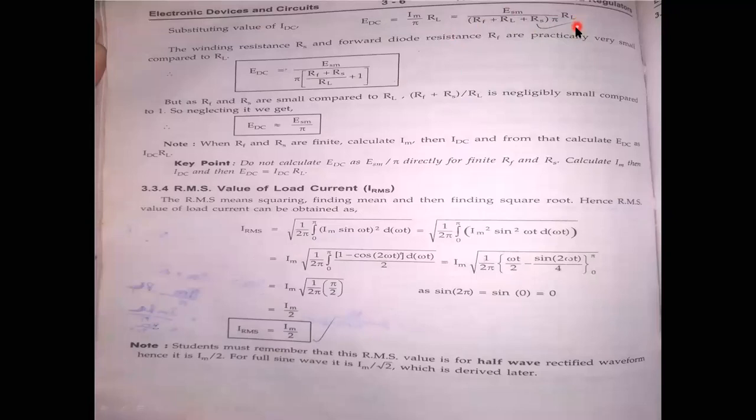One thing you have to know here is that RS and RF are very small values when compared to RL. So in the problem, if they don't give RF and RS, take it like that, no problem. Even if they give these values, it is nearly equal to RL only. Why?